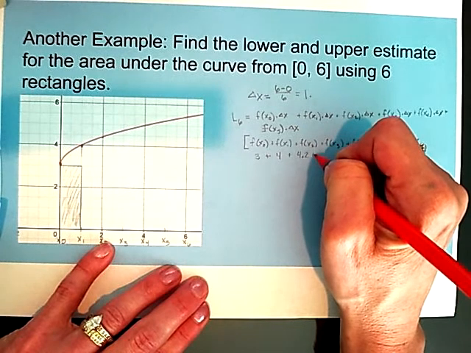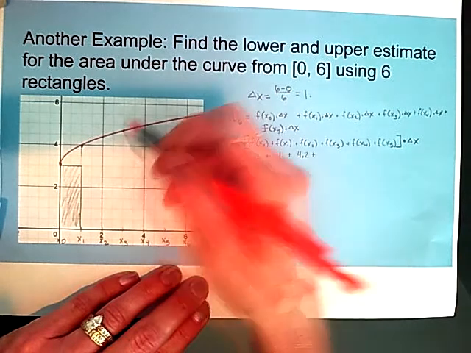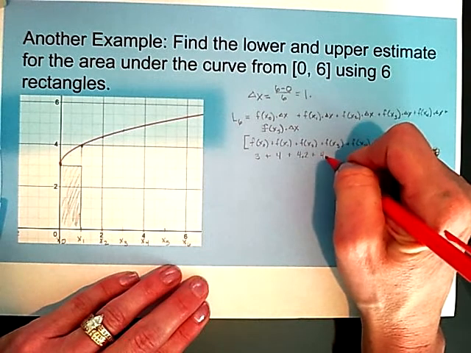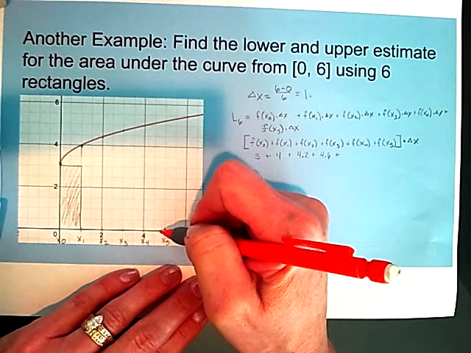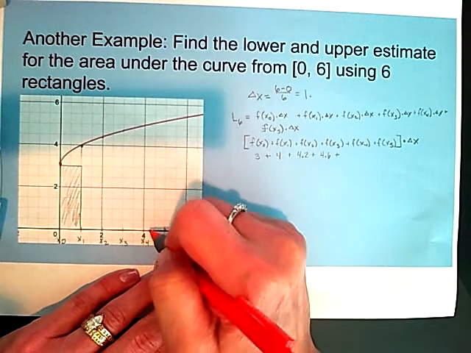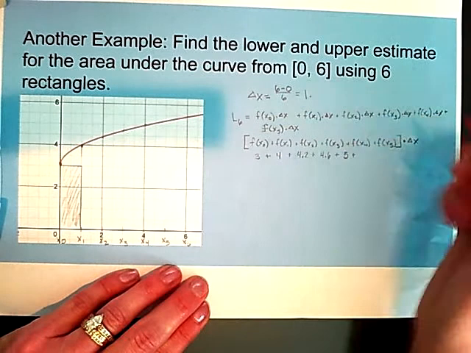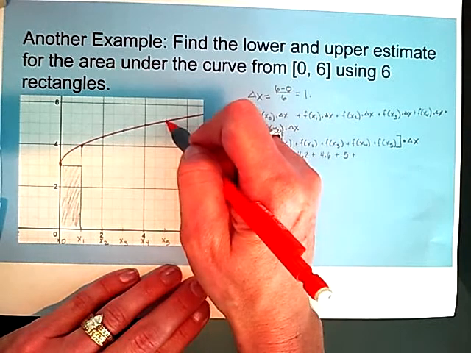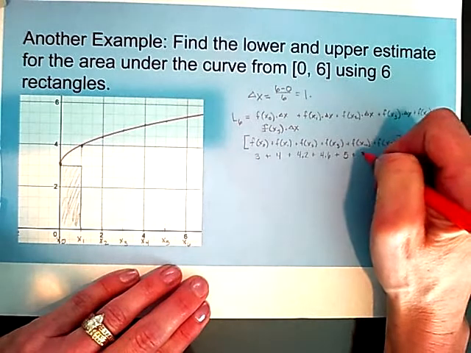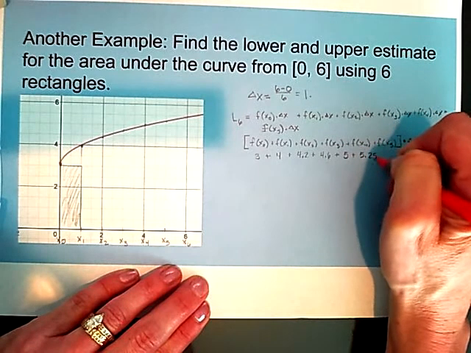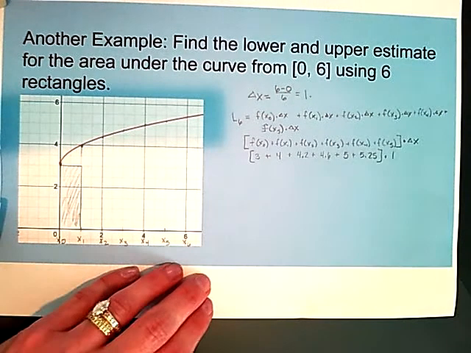F of x sub 3, I'm going to say reaches about 4.6. Then I'm going to estimate that f of x sub 4 reaches at 5, and x sub 5 reaches at about 5.25. Then I'll multiply that all by my delta x, which is 1.